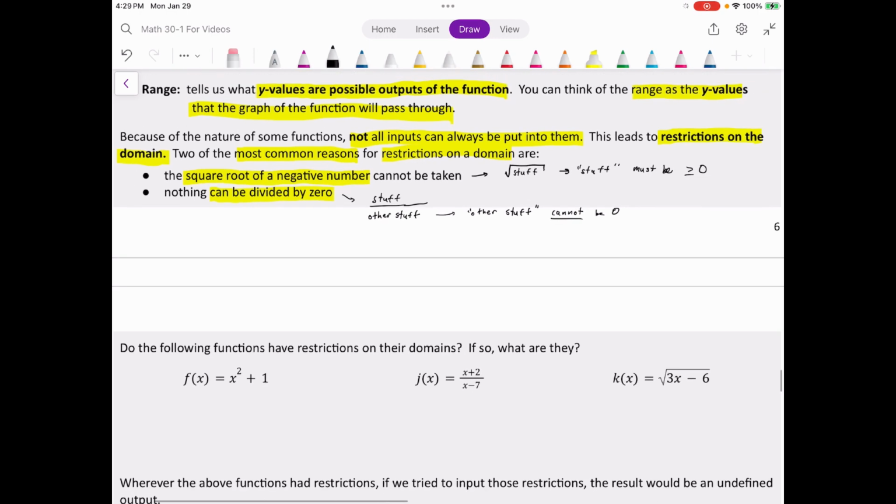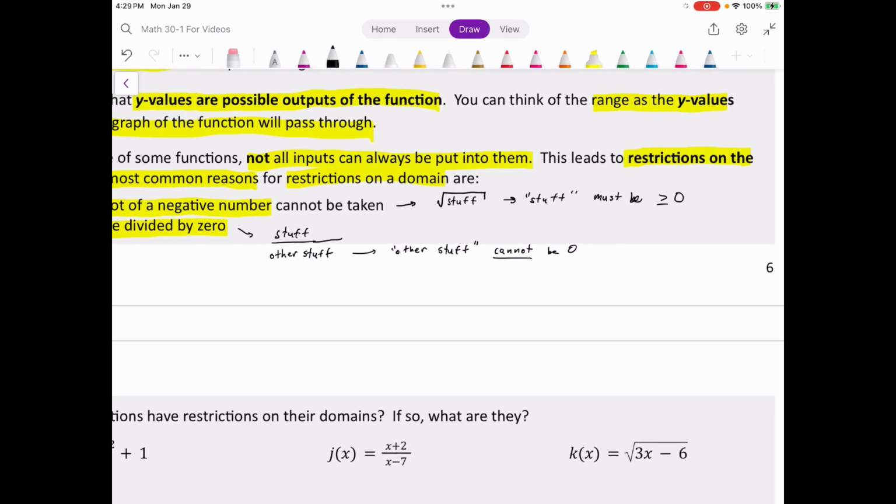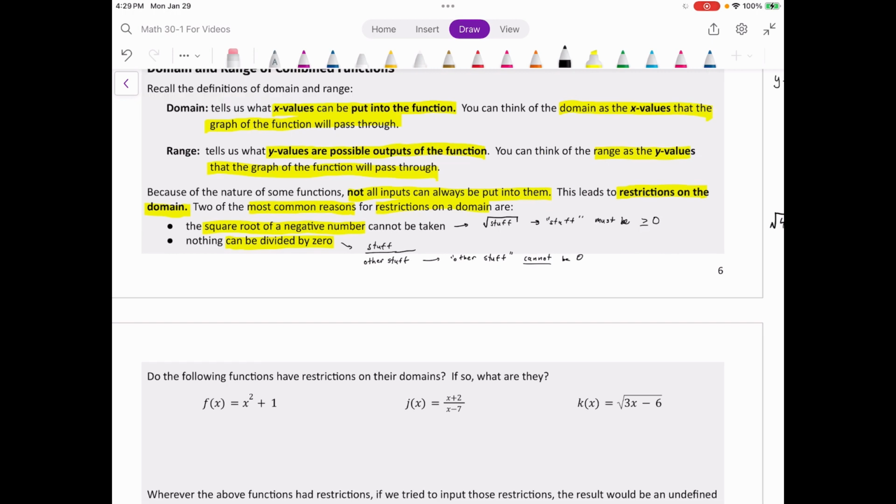So these are the two most common culprits for restrictions on our domain. If we have the square root of stuff, that stuff must be greater than or equal to 0. If we have stuff over other stuff, that other stuff in the denominator cannot equal 0. And when we have x's in a denominator or x's in a root, that's going to give us restrictions on what x is allowed to be.